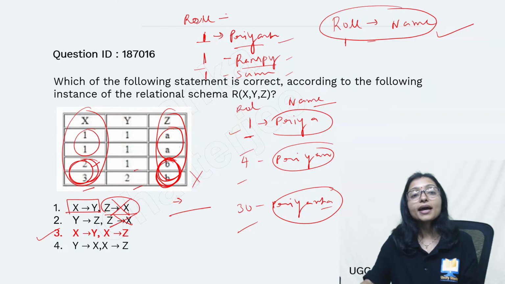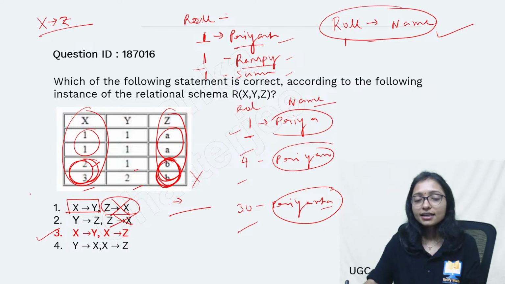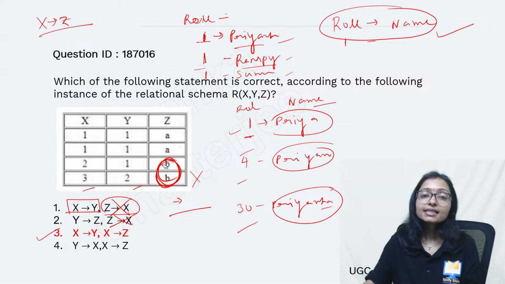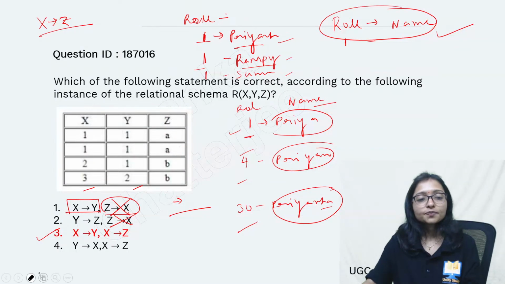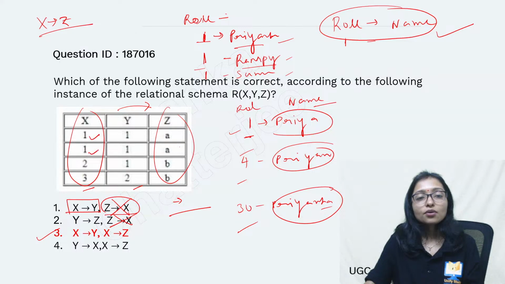But X implies Z is present. Very interesting question. Why? Because now I am asking whether X is deriving Z or not. Check it. X is the main one, and Z. For X you can see 1, 1; here it is AA, the same value.